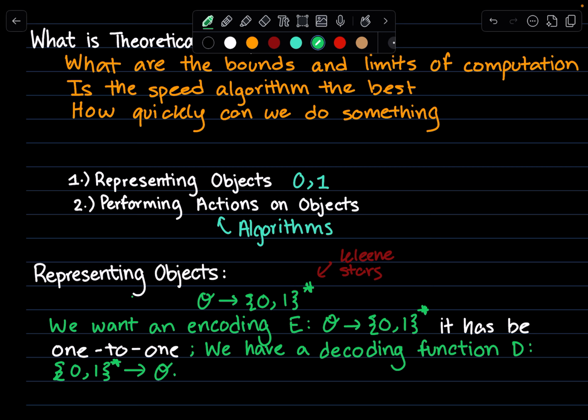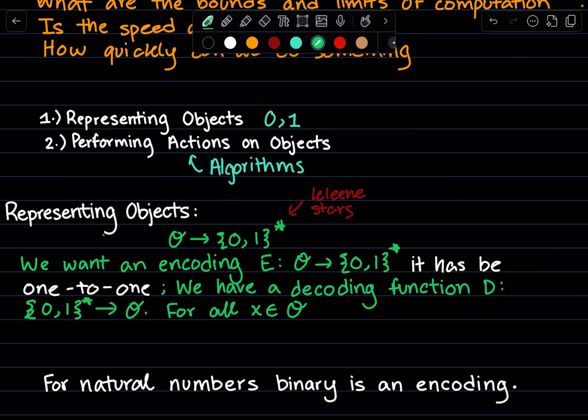And then for all objects x, we want the following to be true: if we apply the decoding to something that is encoded, we should get back the original result, right? This basically guarantees that our encoding function is one-to-one.